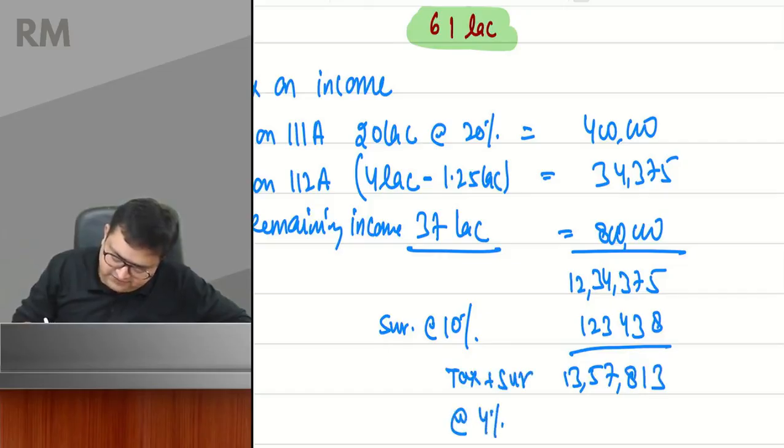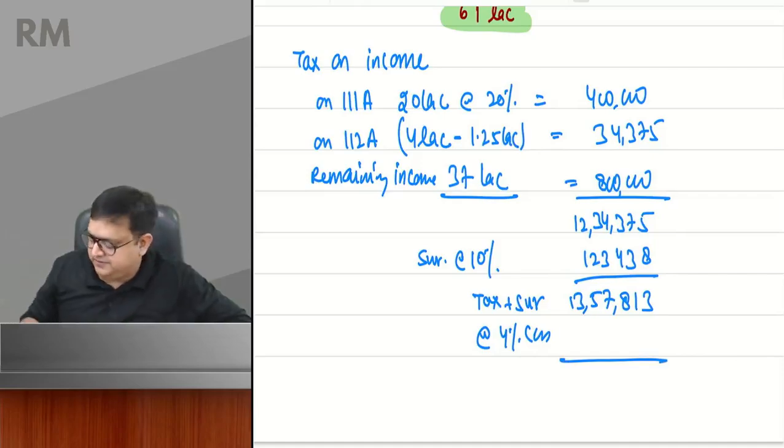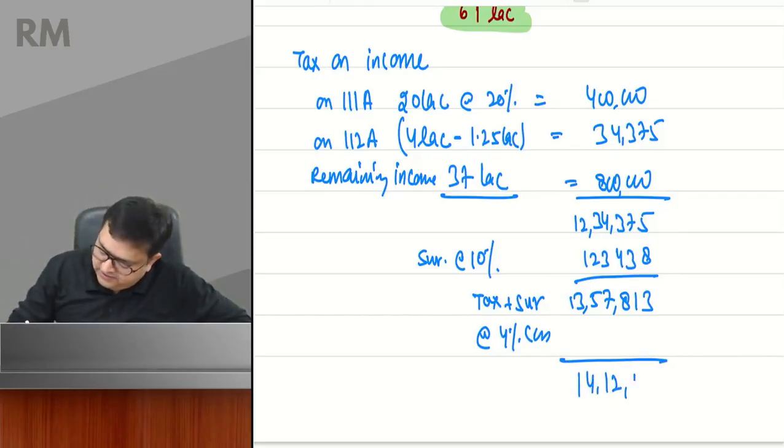Now at a rate of 4% cess. After cess, we will get 14,12,125. This is tax liability and you can round off.